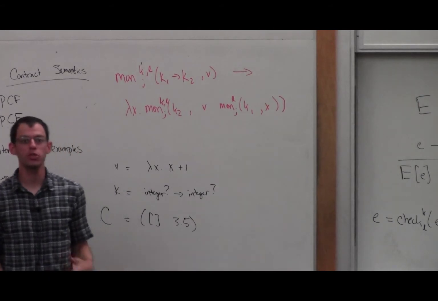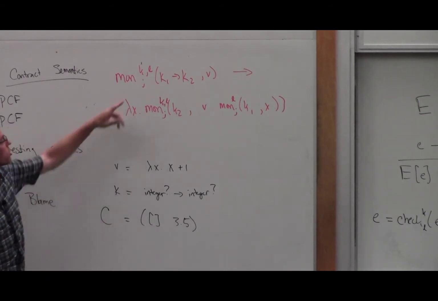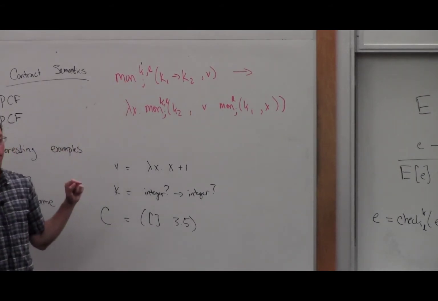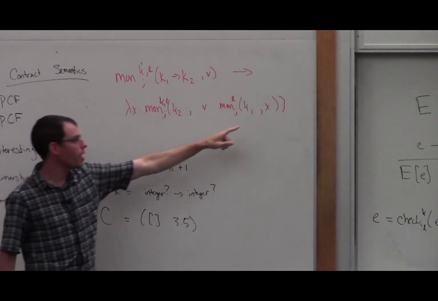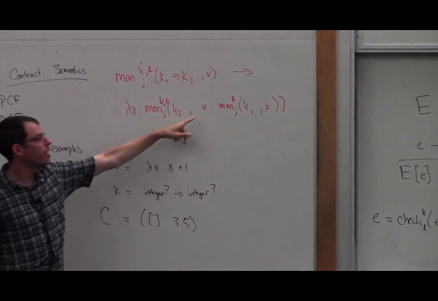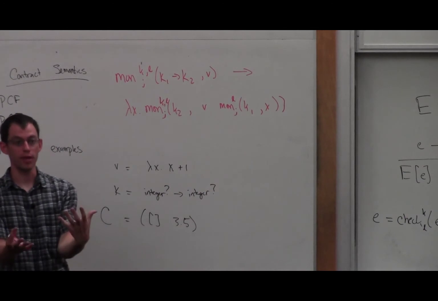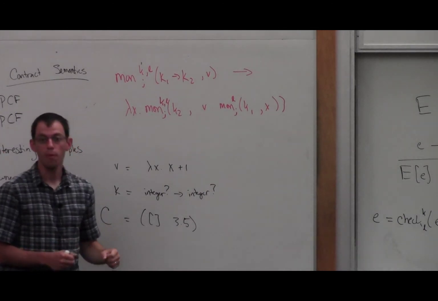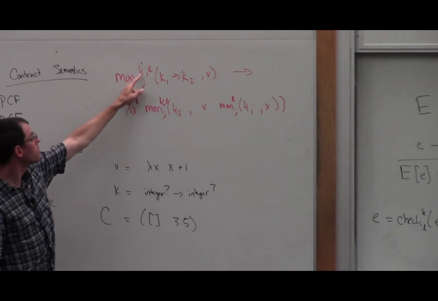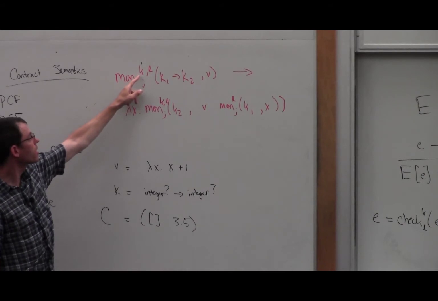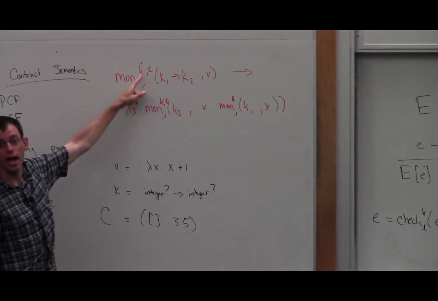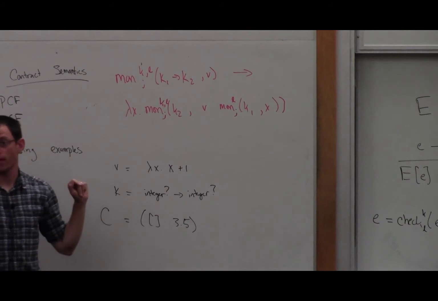So now we've swapped the positions of the context and the value because the context is supplying x and it's going into V. So previously, K was responsible for the inside, L was responsible for the outside.